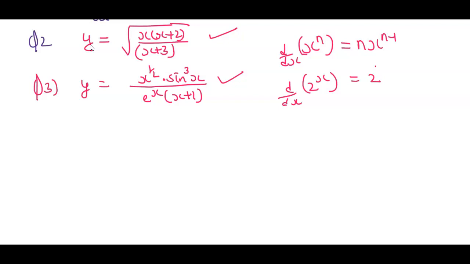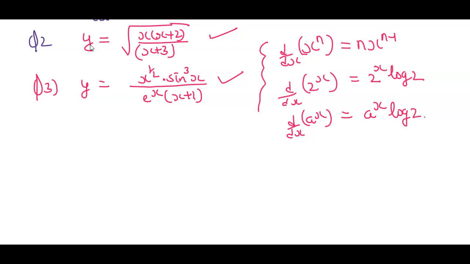It is 2 to the power x log 2, simply by the formula for a to the power x. And also I know that the derivative of an exponential function e to the power x is equal to e to the power x.